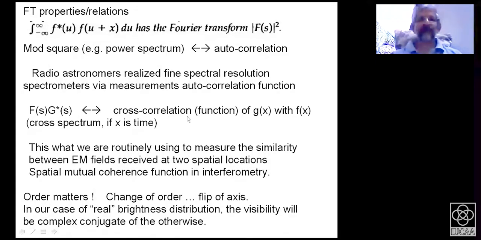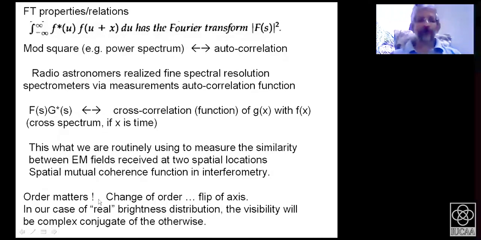And the entire description of cross-correlation function, when Fourier transformed, gives you what is called a cross spectrum. And the hope is that the similarity measure will come out as a component which is amounting to the autocorrelation function here. That means the similar components, the things that are similar to F and G, will stand out as the power spectrum contribution. So this is what I said, and we will be using this as a tool for measuring the spatial coherence, mutual coherence function in interferometry.